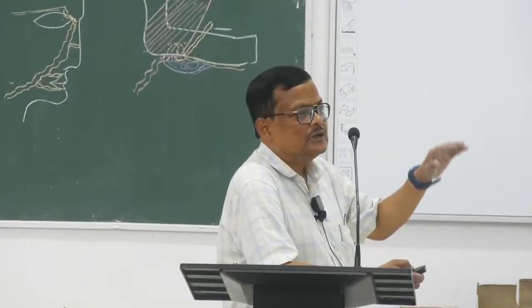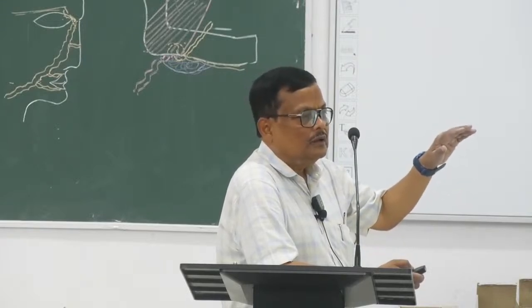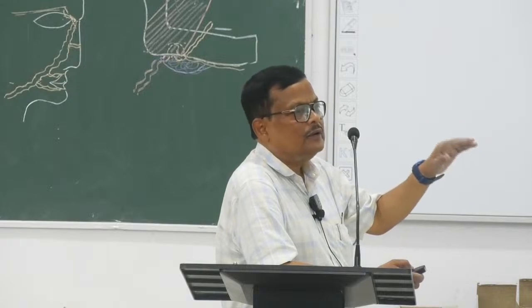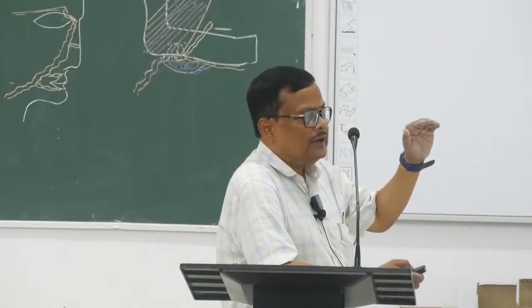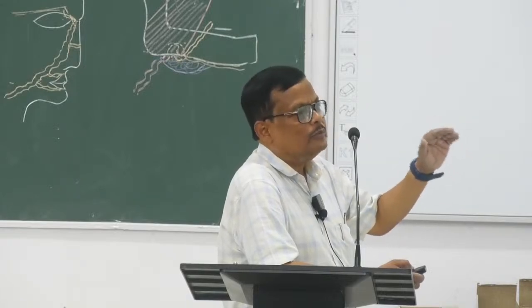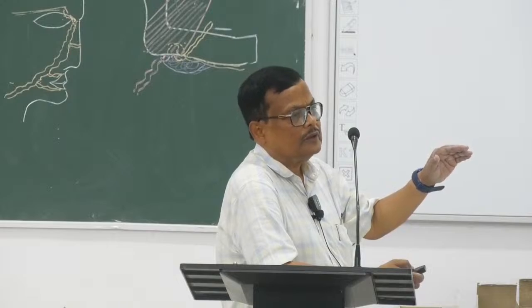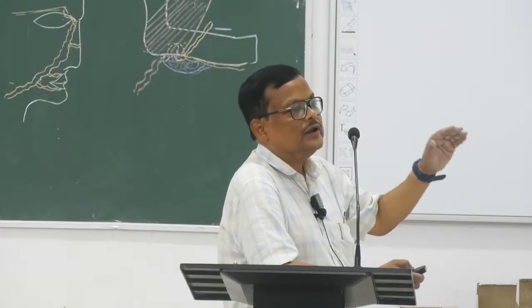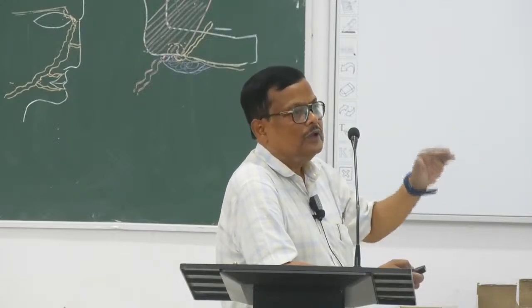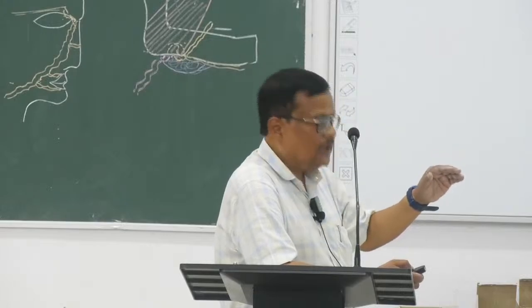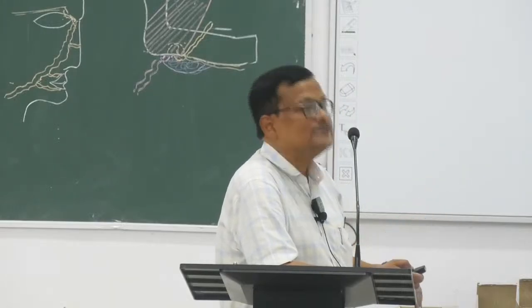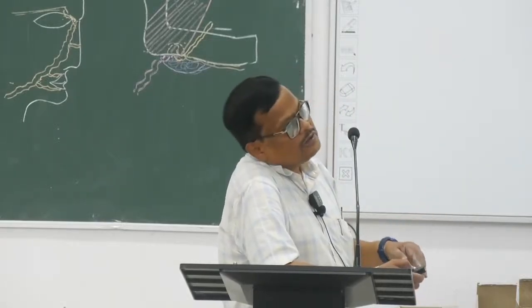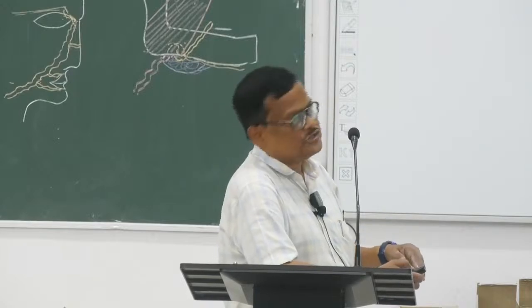What are the ligaments? Capsular ligament, then anterior atlanto-occipital membrane, posterior atlanto-occipital membrane. Nerve supply, dorsal rami of the C1 C2 nerve. Movements, flexion and extension, so it is called the ES joint, and lateral flexion, it is also a part of ES.